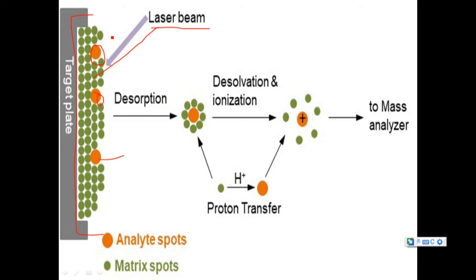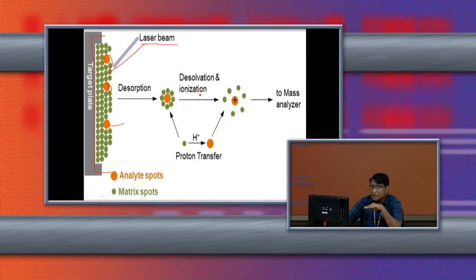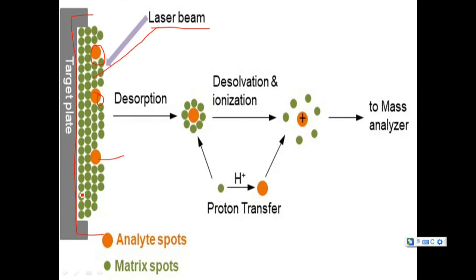This is the first step. After the process of desorption, the protein molecules enter the next state called ionization, because once they are detached from the matrix, they are in an intermediate state, so they will be subjected to the next procedure called ionization.